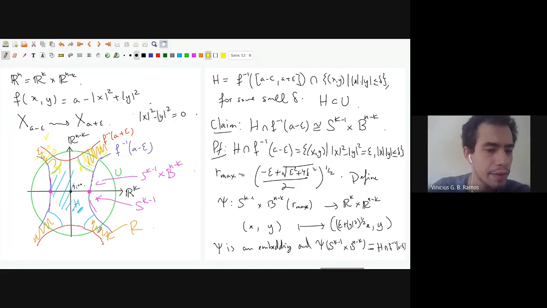So this is a simple flow calculation. You just look at the flow of the gradient, and yeah, that's it.